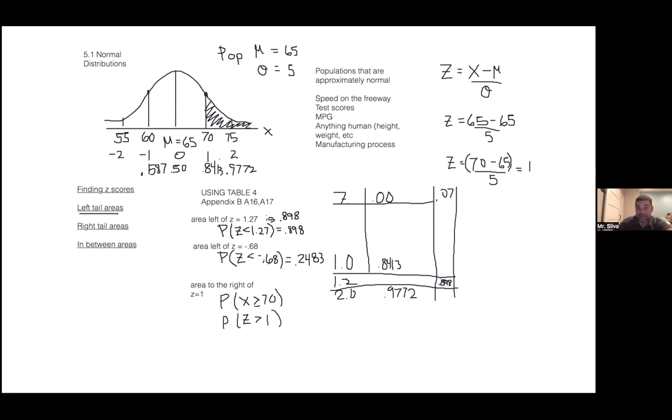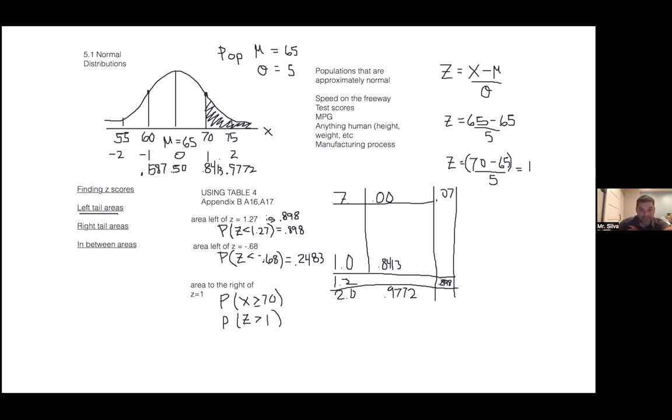It's translation, like one language to another. I'm translating from the language of x, speed, to the language of z, to the language of percentile. So we jump back and forth between all three of these things. And the way to transform from one to another is called the z-score formula. Transform to percentile, got to use the table.